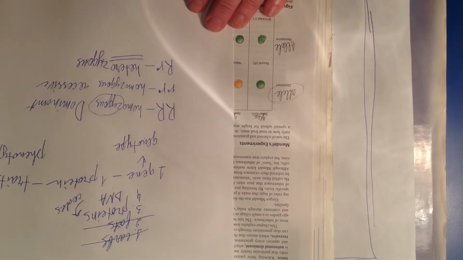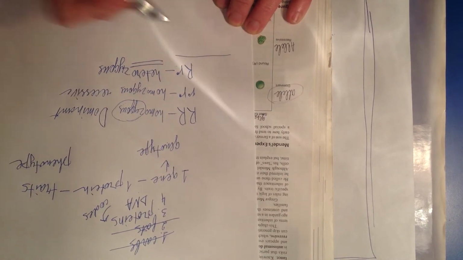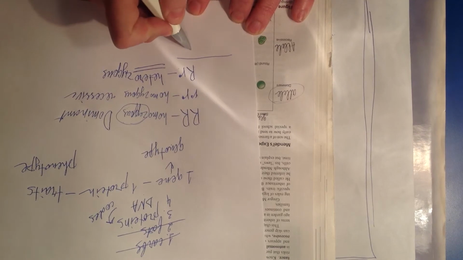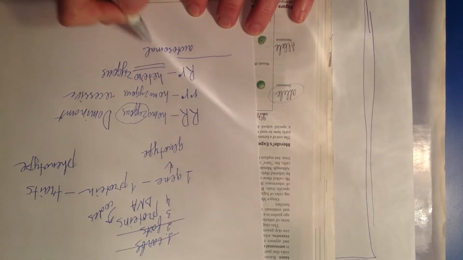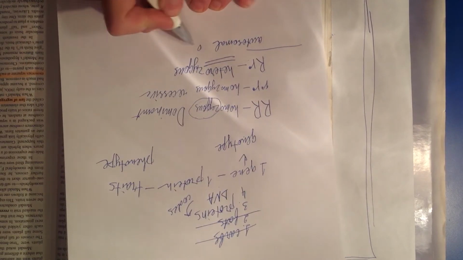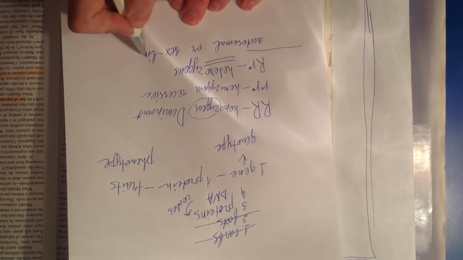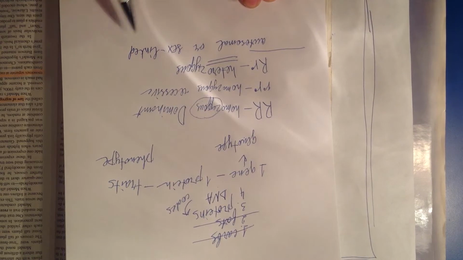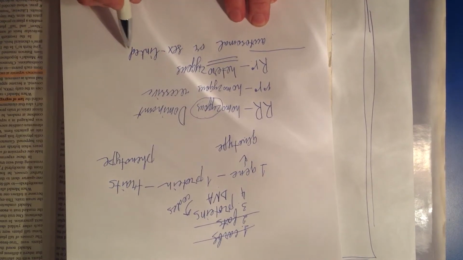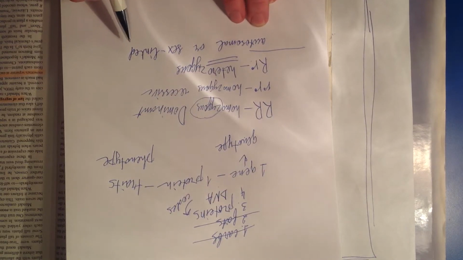Okay, the other vocabulary word that you need to know is autosomal or sex-linked. It's about the position of this particular gene, on which chromosome it is located.